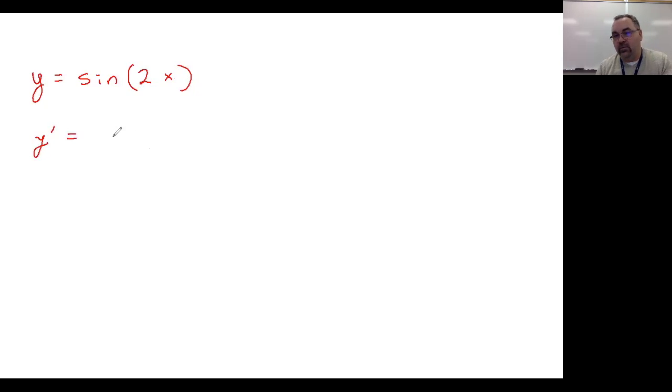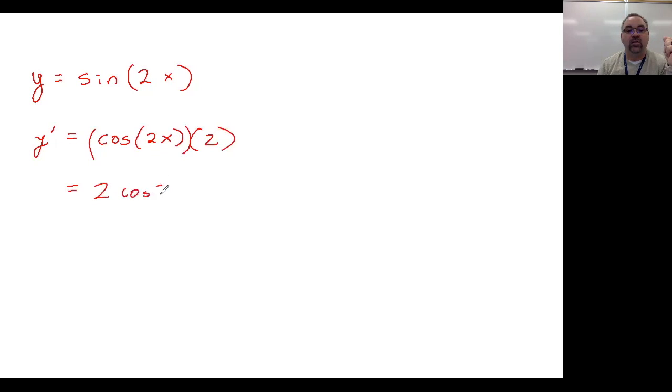Well, we saw that last week, so we know that that's cosine. So take cosine, and leave the inside function alone. But now that you've done this, you have to multiply this all by the derivative of 2x, which of course is 2. So we get 2 cosine 2x for the derivative of sine of 2x.